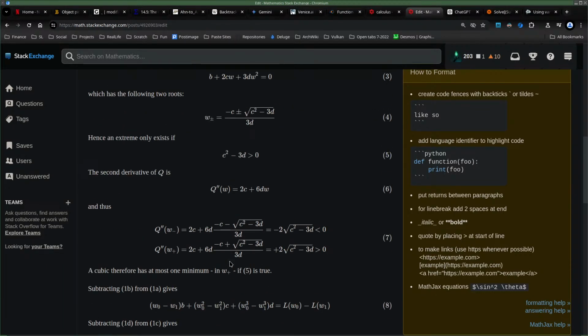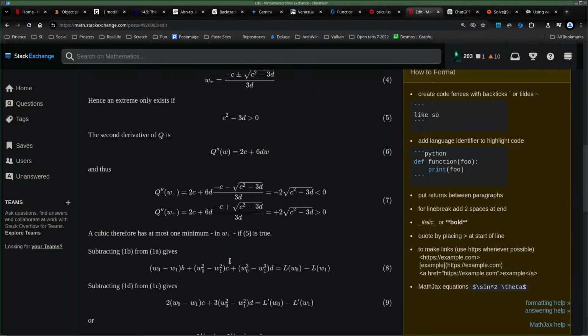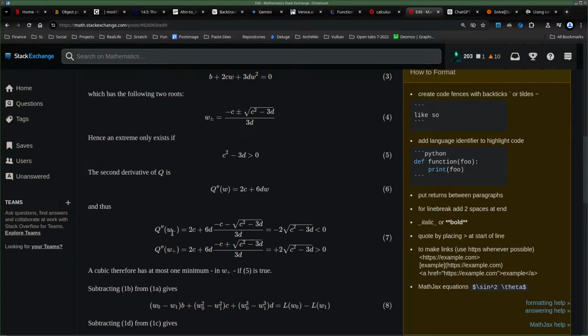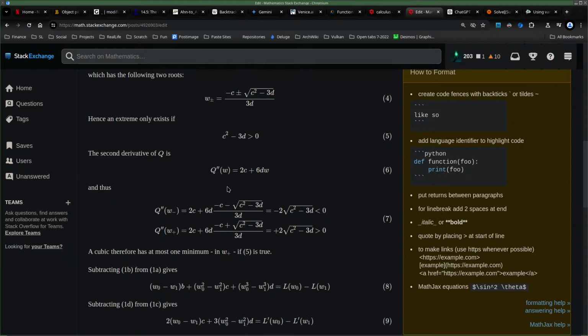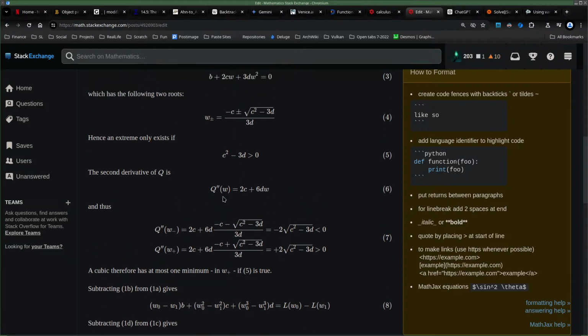This gives, where is it? Yeah. So the minus corresponds to putting a minus here, and then if you fill that in the second derivative, we get 2c plus 6d times w, which is this with a minus sign.